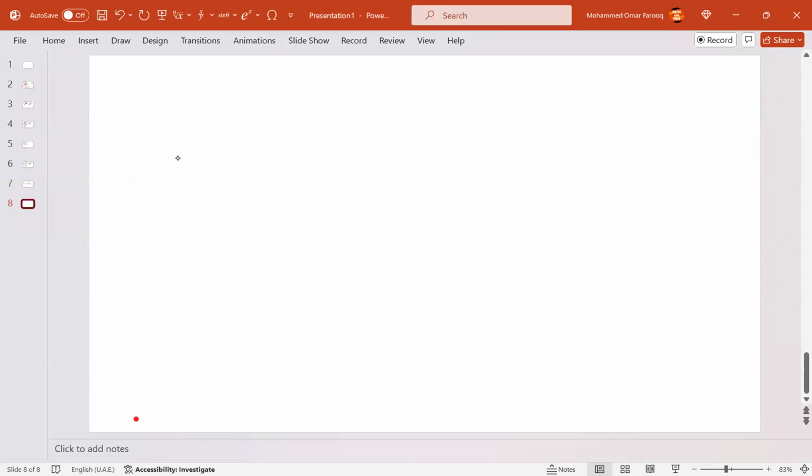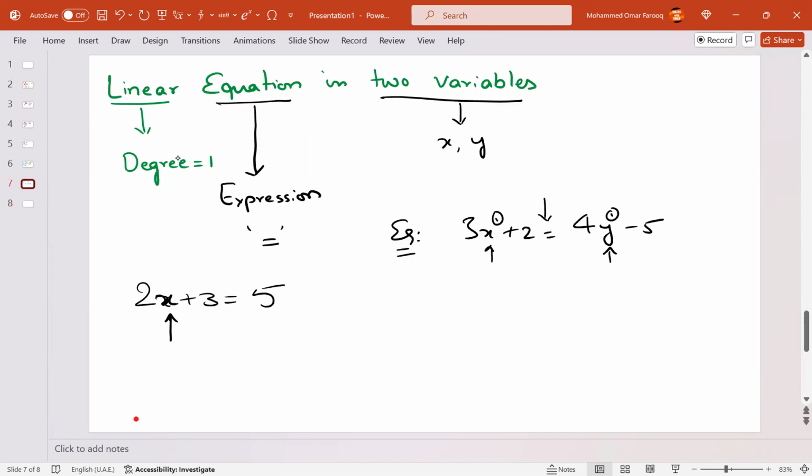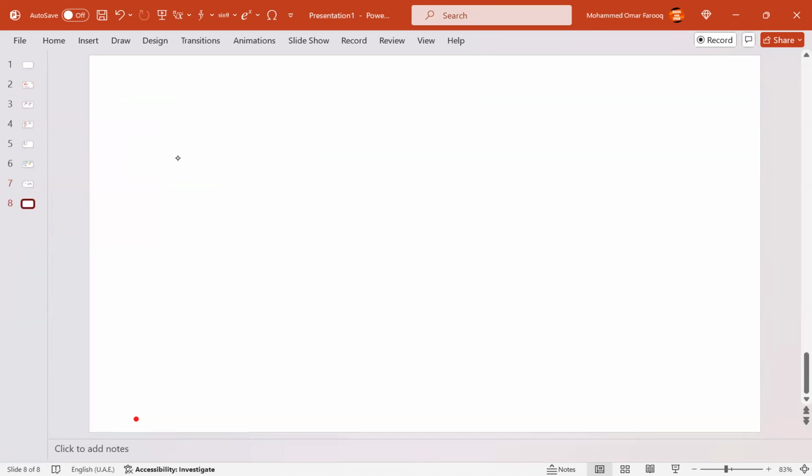So now, linear equation in two variables can be in any way. Whatever I have written here is also a linear equation in two variables. But in mathematics, we have a standard form of linear equation in two variables.